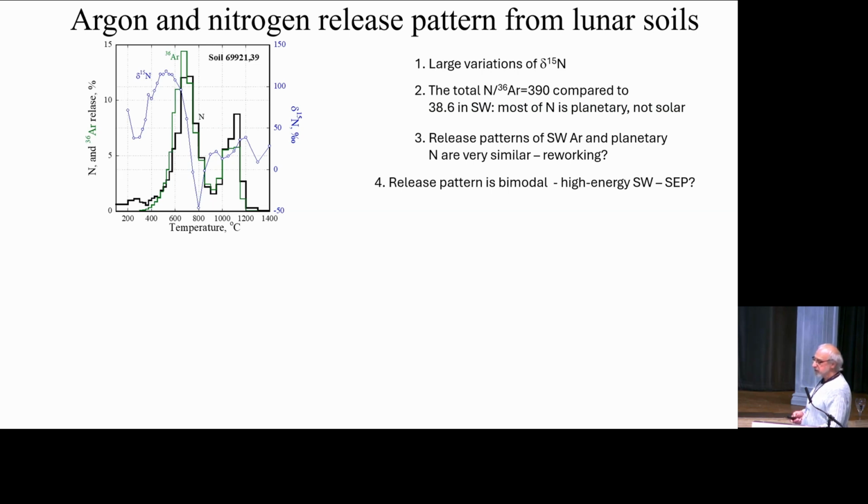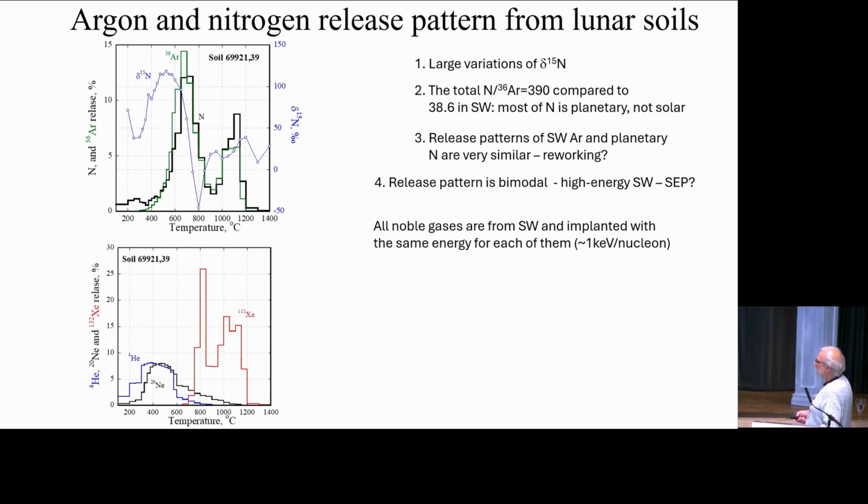All the results can be explained by isotopic and elemental fractionation during implantation of solar wind components. So there is only one solar wind component with low energy, about 1 keV per nucleon for each of the different species. So again, we need another explanation for that.